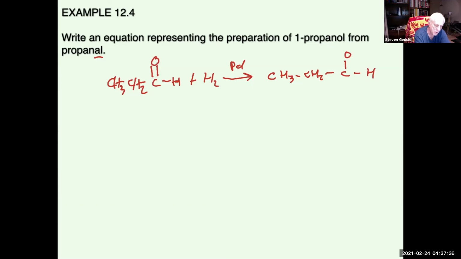So this becomes OH and this becomes H, because those are the carbon and oxygen of our double bond. We add H to both sides of it. And now we've made an alcohol, 1-propanol. So from an aldehyde or a ketone, we can add hydrogen as an addition reaction and create an alcohol, just the same as you did with hydration across the double bond of an alkene.